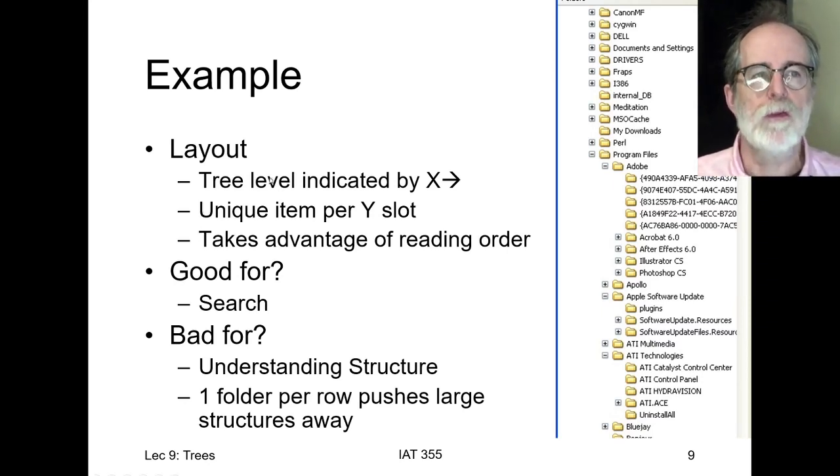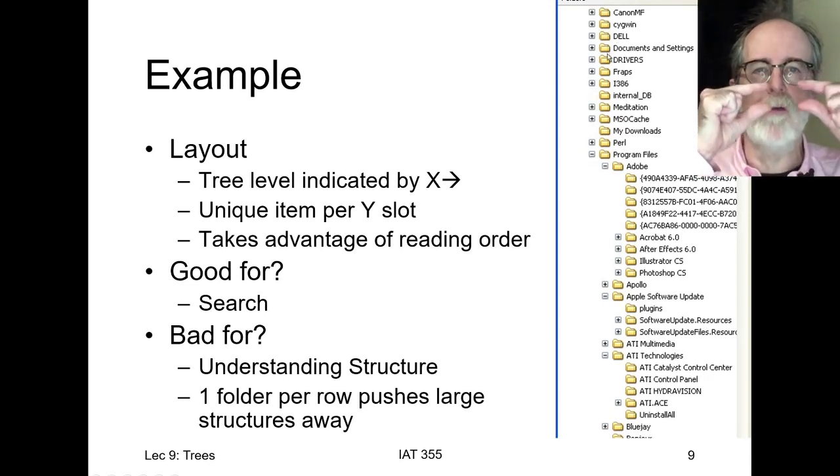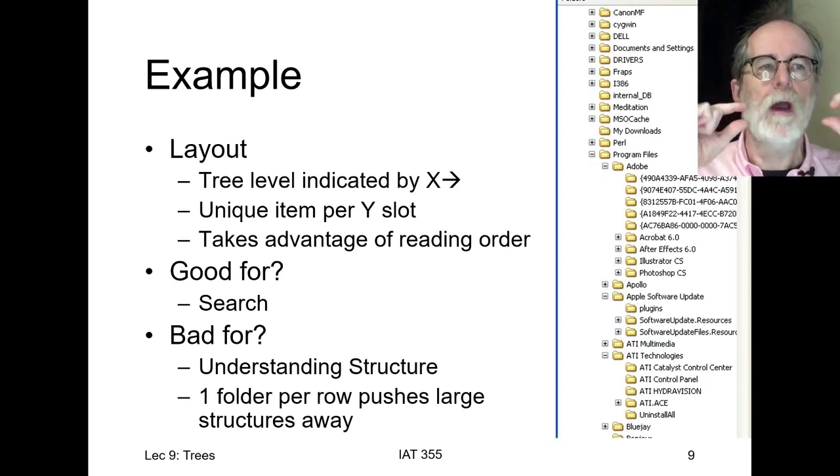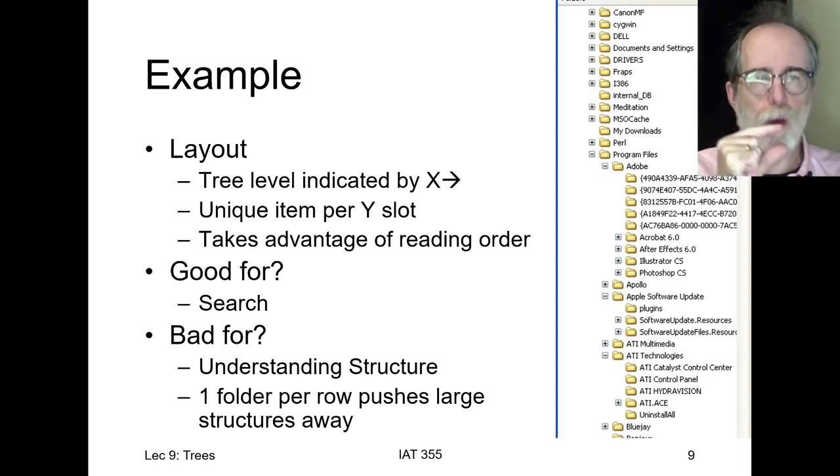The tree level is indicated by the distance in X from the left boundary. And of course, the other allocation idea is that there's a unique piece of vertical real estate, a horizontal slice for each individual folder.